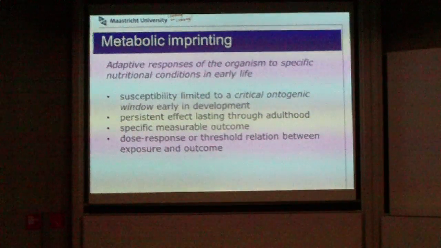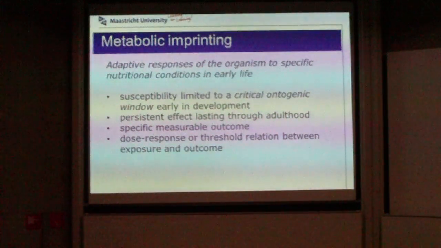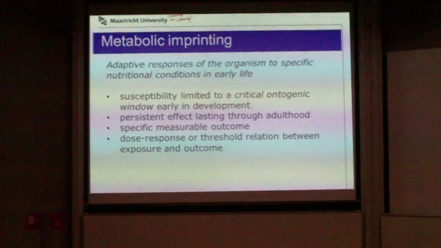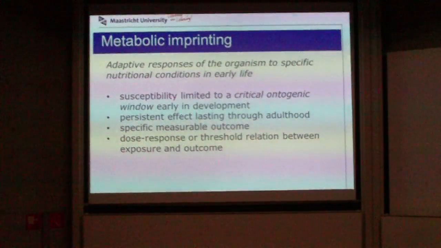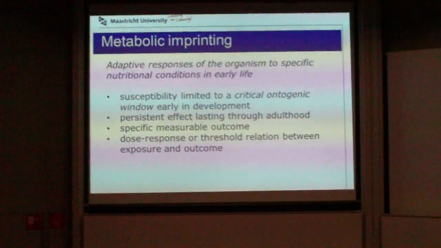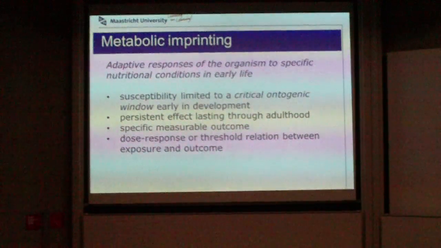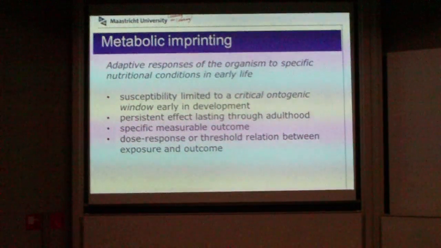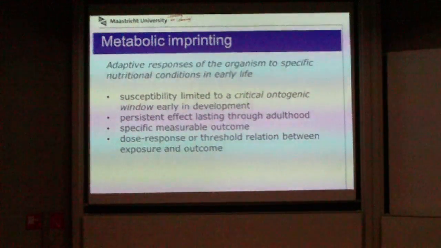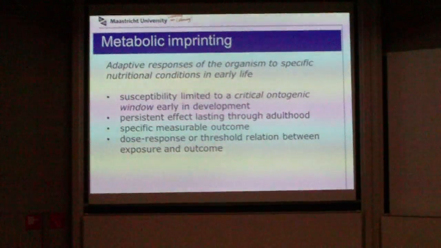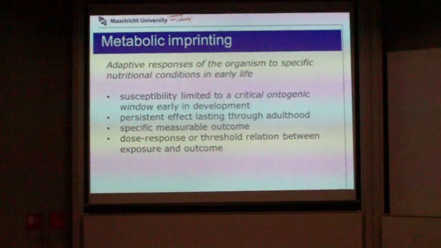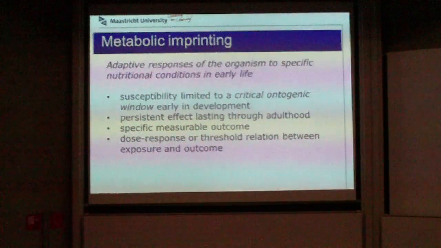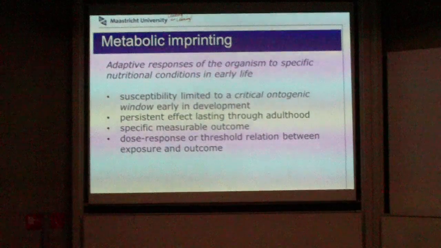Actually, some of these effects pass on to even the next generation, and that's what we call metabolic or genetic imprinting. So it's adaptive responses of the organism to specific nutrient conditions in early life. That is not necessarily a change in the genetic code, but can also be passed on as a consequence of epigenetic changes, so changes in the DNA methylation that result in modification of gene expression.